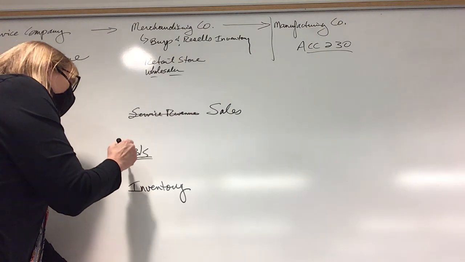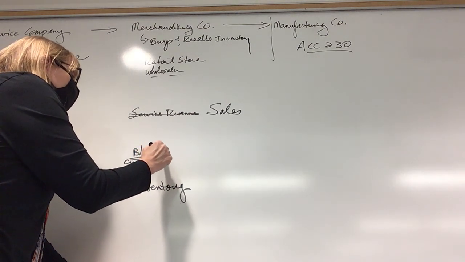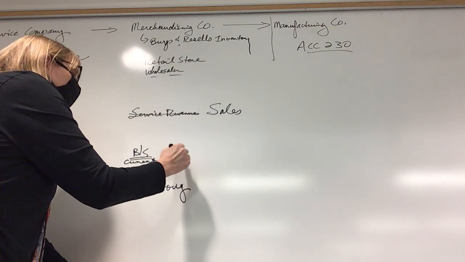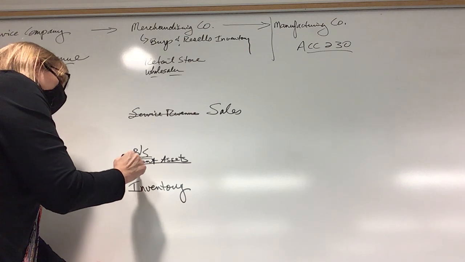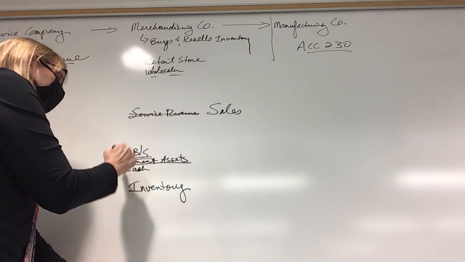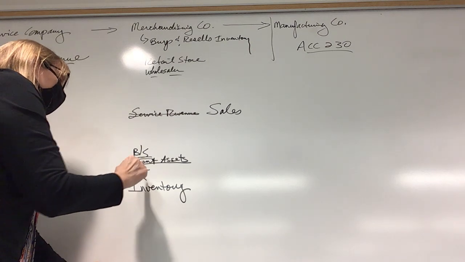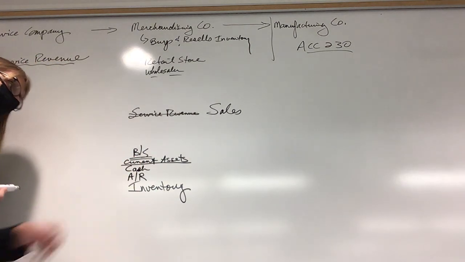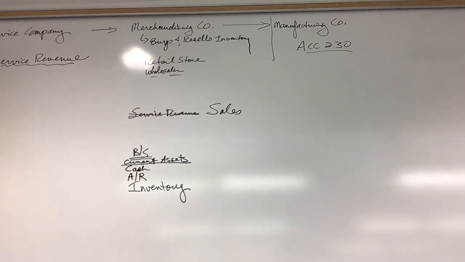Where do we put this on our balance sheet? Well, remember, we're going to do a classified balance sheet. So we're going to start with current assets. And we want to do the order of liquidity, what's closest to cash. So cash is always closest to cash. And accounts receivable is second closest to cash because you have to just collect it. Here you have to sell the inventory, then you have to collect the receivable.